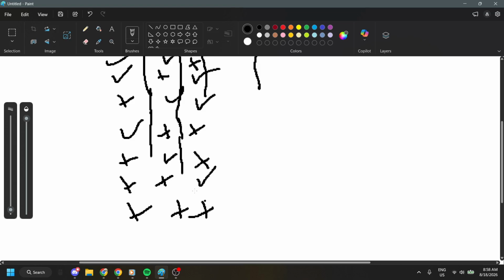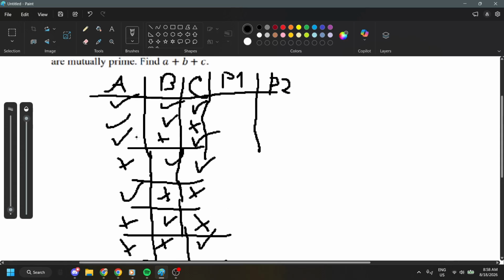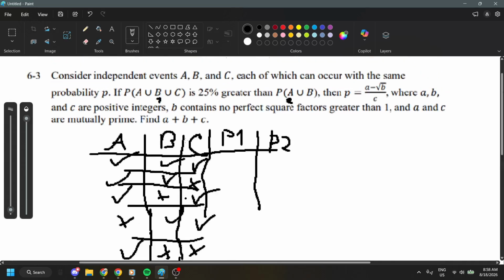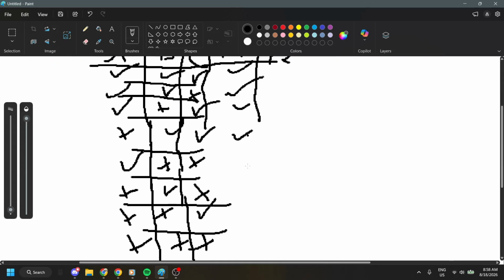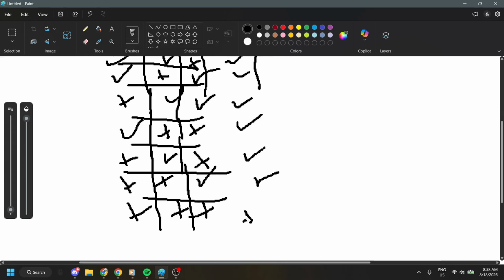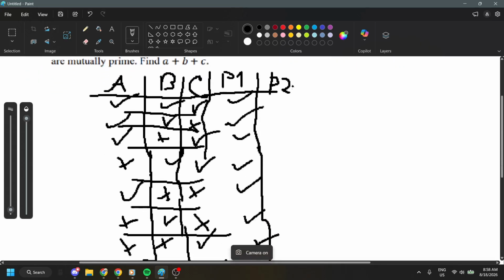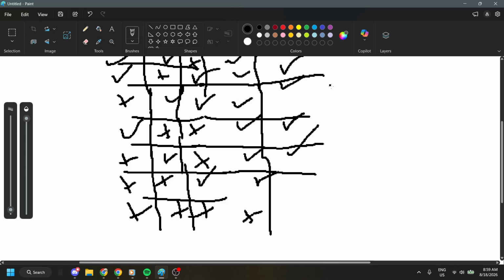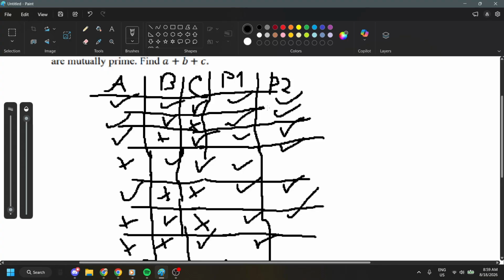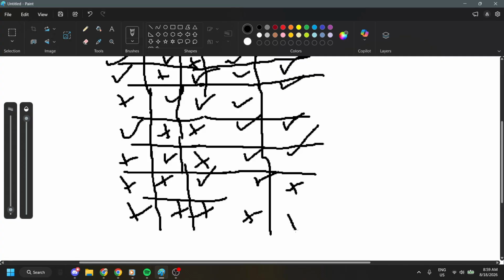And no, no, no. So this one is where any single one of them can happen, whereas this one is either A or B.